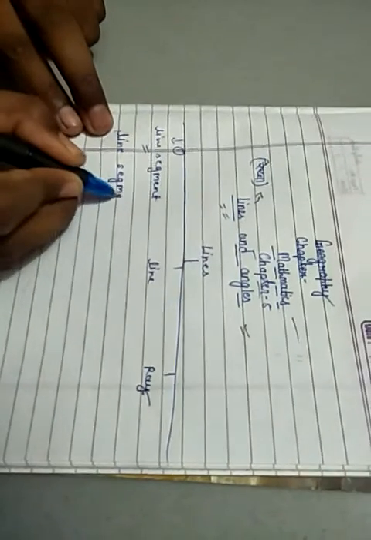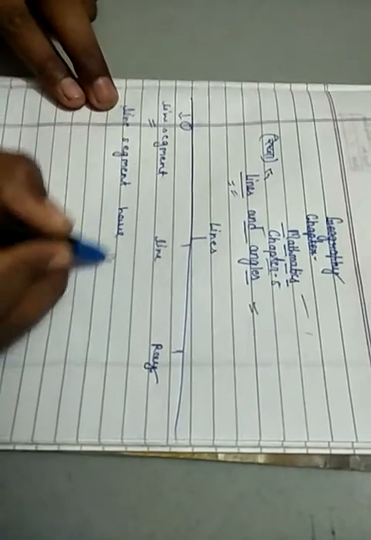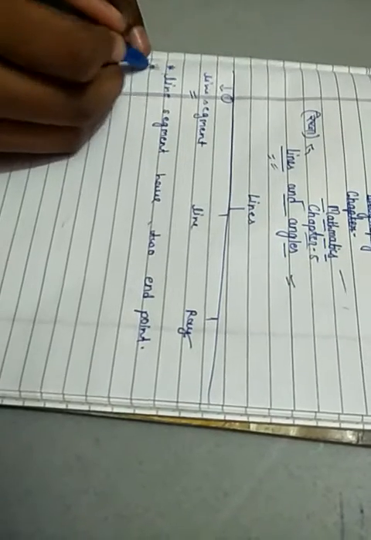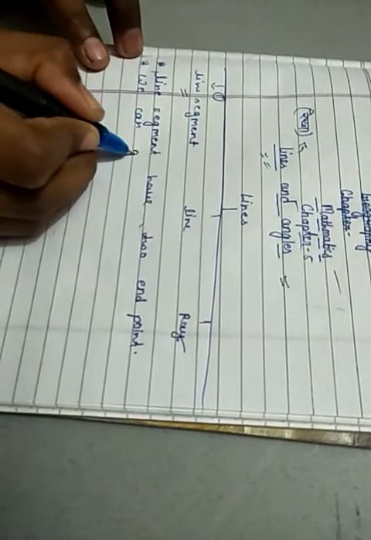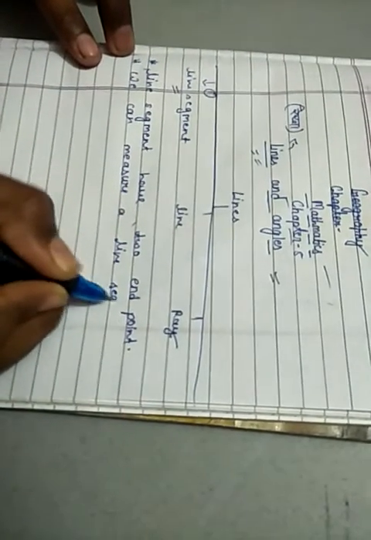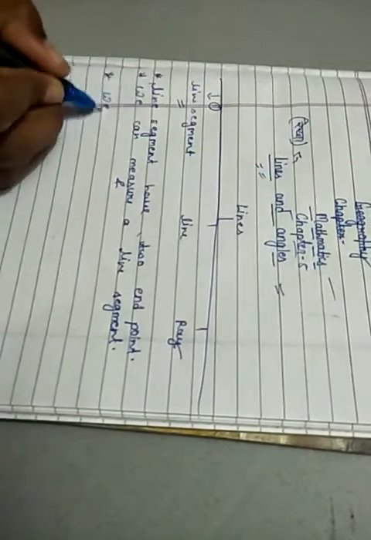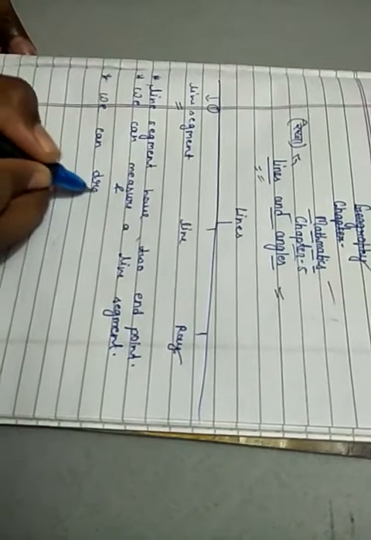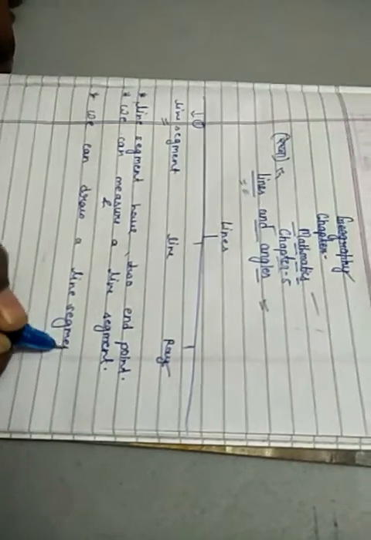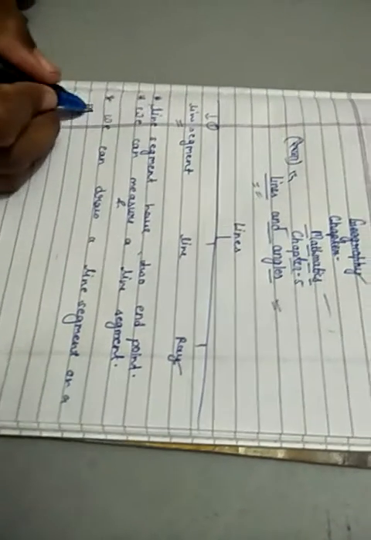So a line segment has two endpoints. First, we can measure a line segment, and we can also draw a line segment on a page.